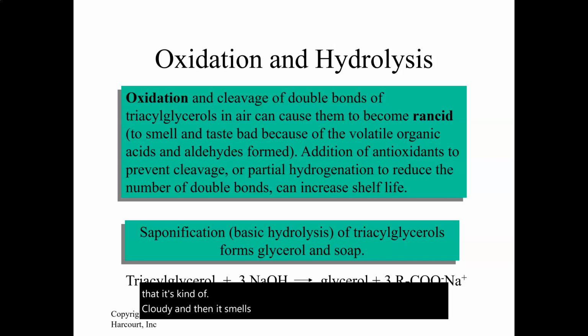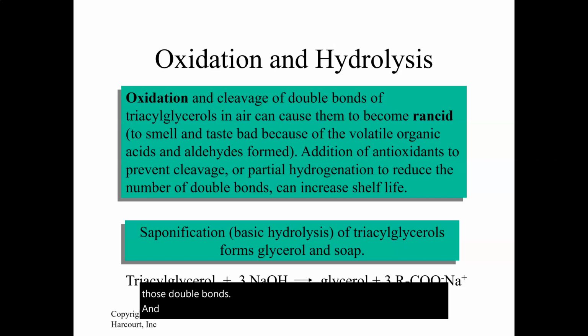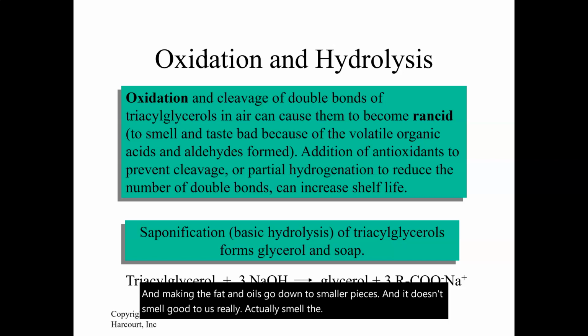That's called rancidity. What's happening is oxygen is breaking those double bonds and making the fats and oils go down to smaller pieces, and it doesn't smell good to us. We actually smell the carboxylic acids and the aldehydes in our noses, and we don't like that smell, and we know that the oil and fat has gone bad.